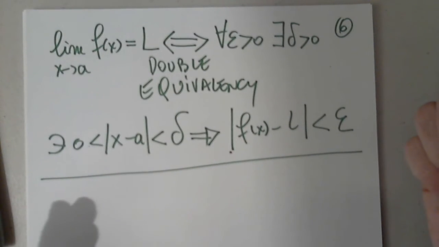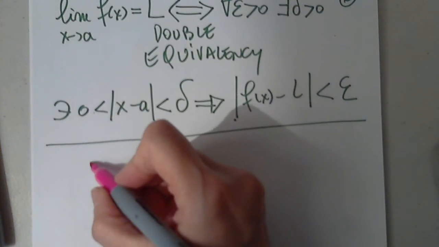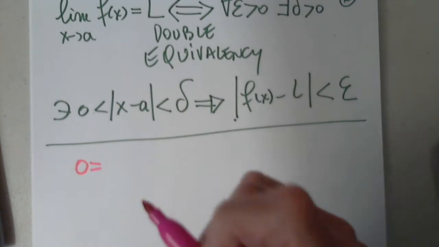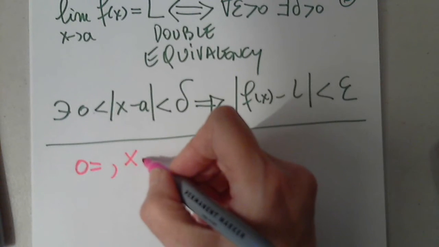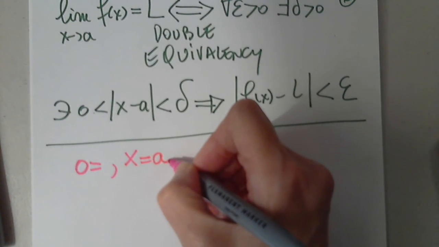What am I trying to avoid? I'm trying to avoid it equaling 0, which means I can never pick a.